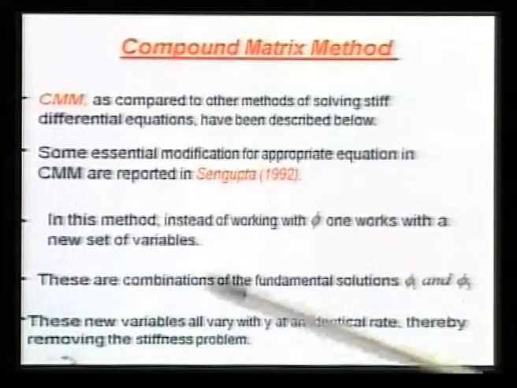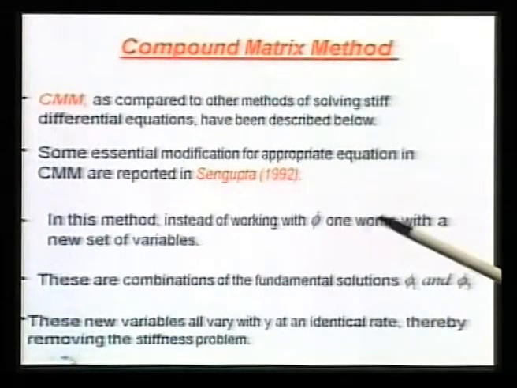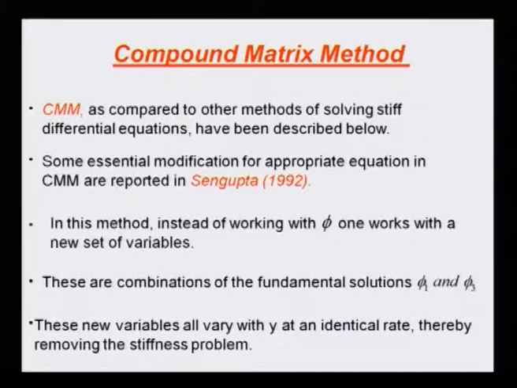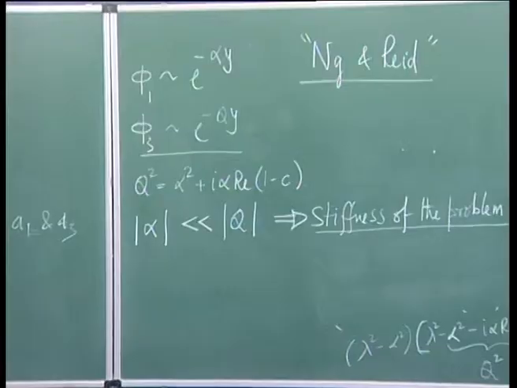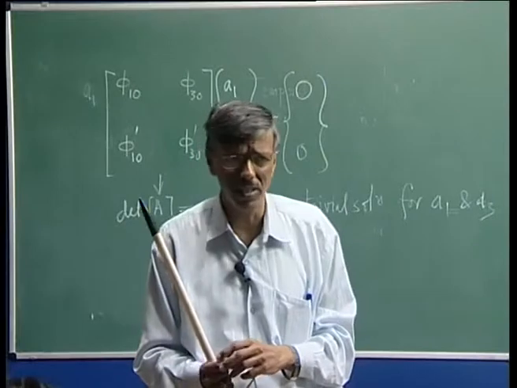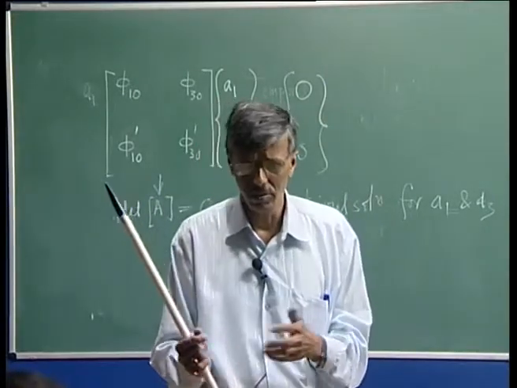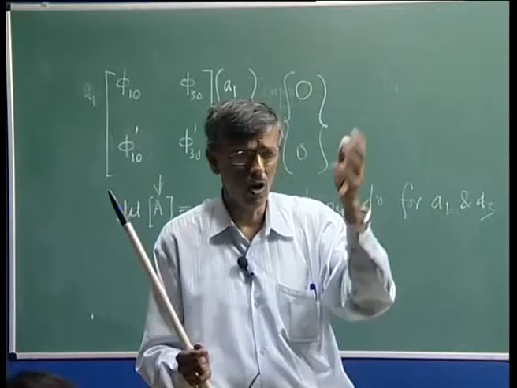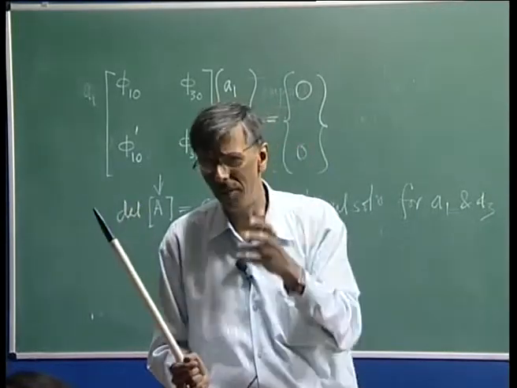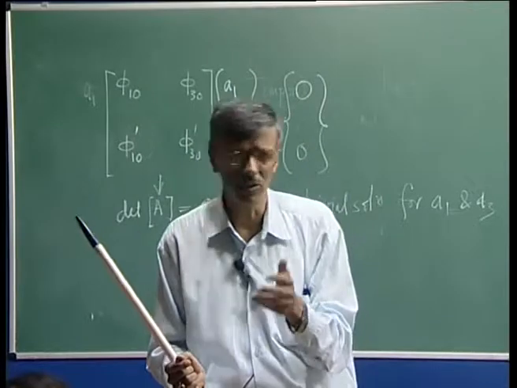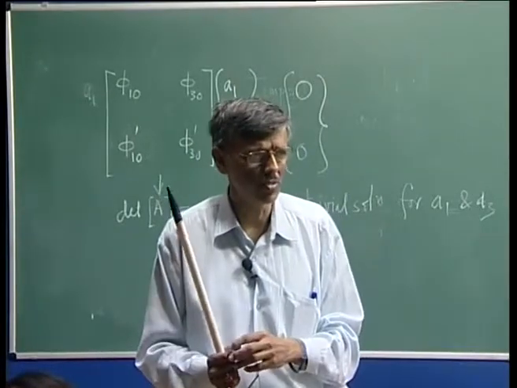We have done some of this, I will tell you what this is. What we do actually, we see that phi 1 and phi 3 grow or decay at dissimilar rates. So, instead of working with the phi's, we work with a combination of phi 1 and phi 3 such that in that particular variable set, all of the components vary with the same rate, so that we do not have the stiffness.